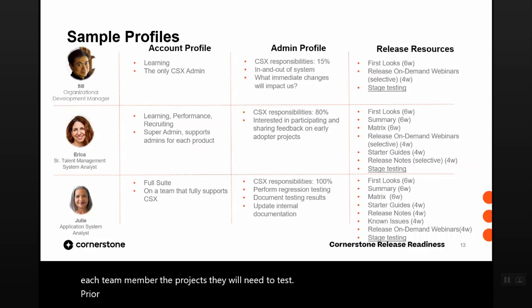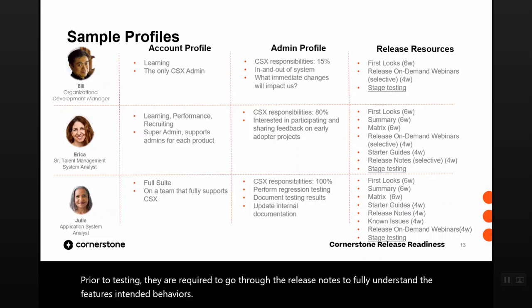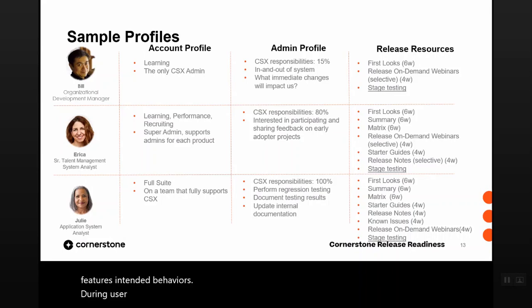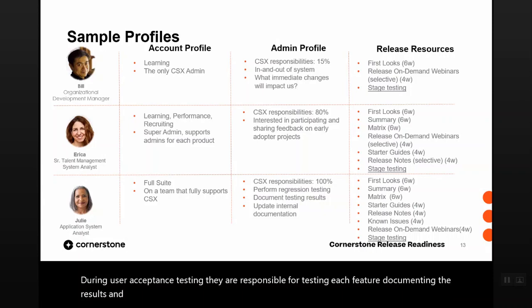Prior to testing, they are required to go through the release notes to fully understand the feature's intended behaviors. During user acceptance testing, they are responsible for testing each feature, documenting the results, and creating a case with customer support if a possible defect is discovered.